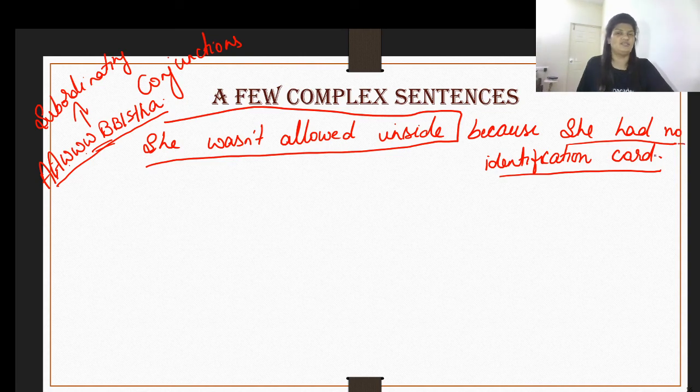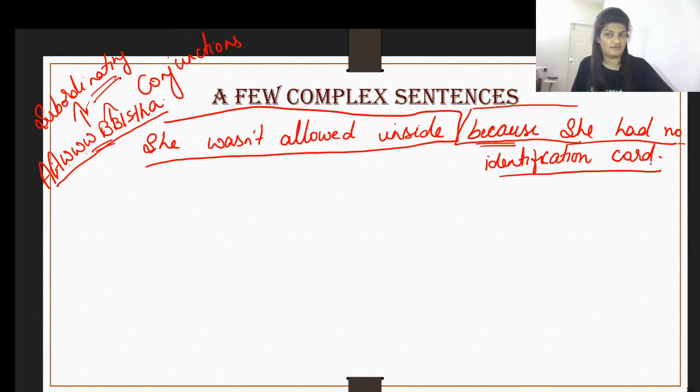But remember, what did I tell you about subordinating conjunctions? You begin the clause along with the subordinating conjunction. You do not leave them out the way you leave them out in coordinating conjunctions. Your conjunction here is because. Because she had no identification card is definitely asking for help from another clause.